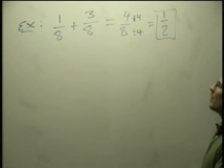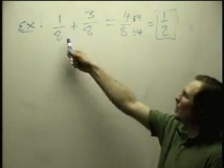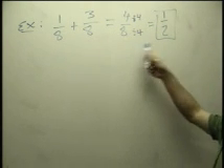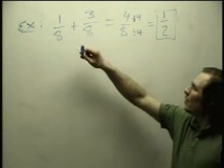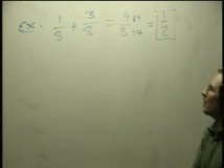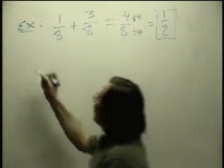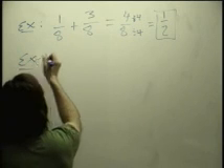Okay? But this is really 2 steps. The first step is to add, and after that, I'm just simplifying. So to add, really, I just add the numerators. This is no different if I start to throw variables in.